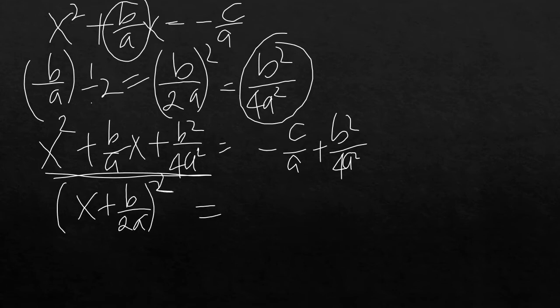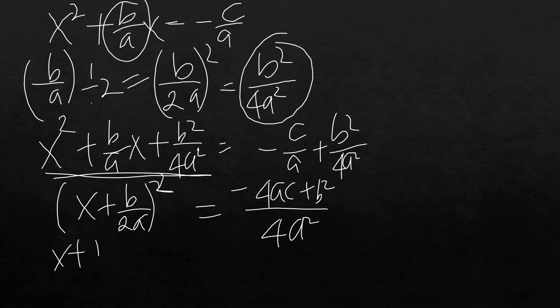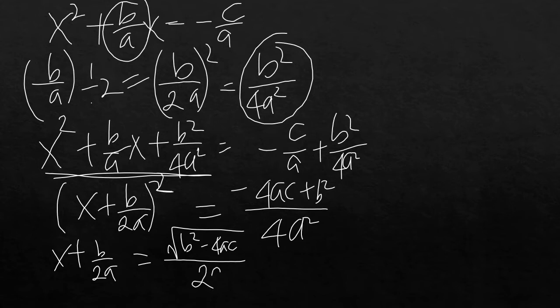And we can also simplify the right side into negative 4ac plus b squared over 4a squared. Square root both sides of the equation. x plus b over 2a will be equal to the square root of b squared minus 4ac over 2a.